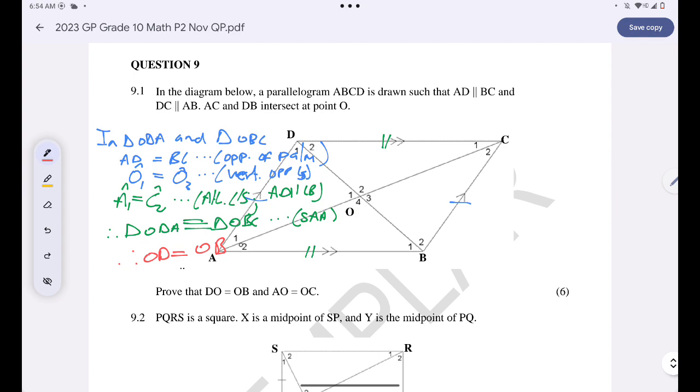Why? Because I've proven that triangle ODA is congruent to triangle OBC. Are you together? So right now I've proven this part. I'm supposed to show this part again. I'll do the same thing. Please pause the video and write everything that I've written, because I'm about to erase to do the second part.